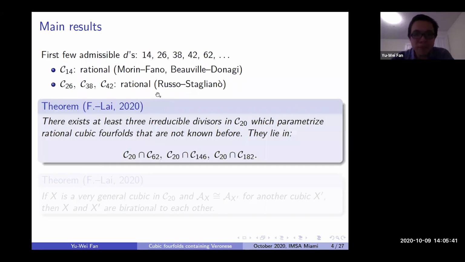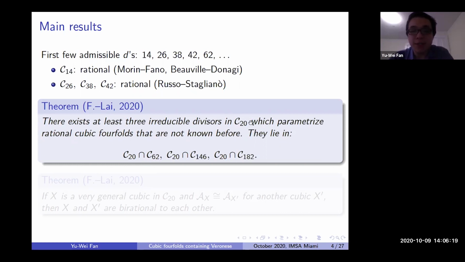The first main result in our paper is that there exist at least three irreducible codimension 2 components in the moduli space of cubic fourfolds, which parameterize rational cubic fourfolds, and they lie in these three intersections.